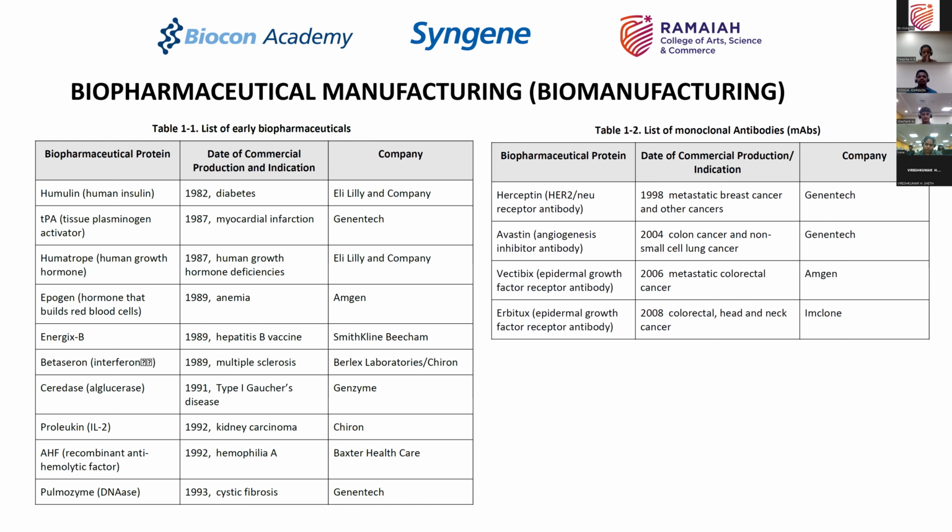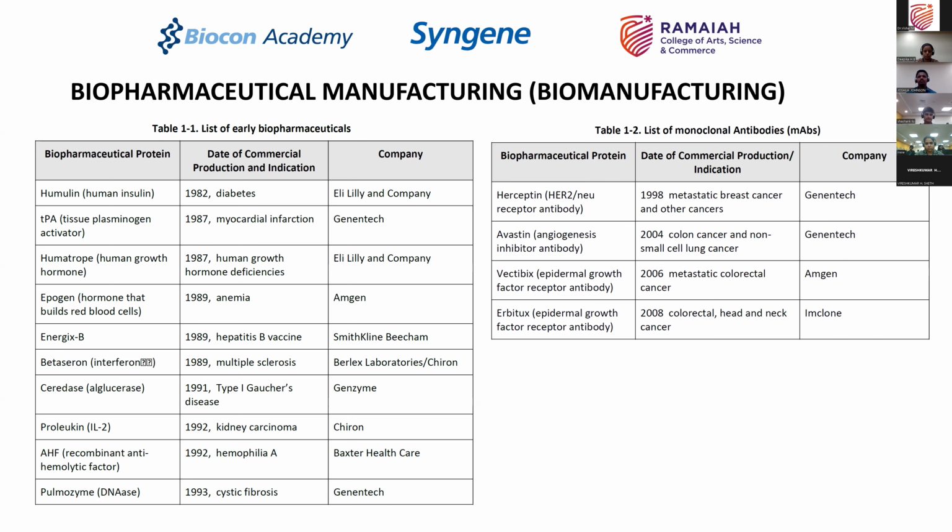Then interferon for multiple sclerosis, done by Chiron or Bellex Laboratories. Then Cerezyme, type 1 Gaucher's disease, Genzyme. You will see that a lot of the companies which started early on, like Eli Lilly, Genentech, Amgen, have multiple of these products. Even today, they continue to explore biopharmaceuticals as a therapeutic area.